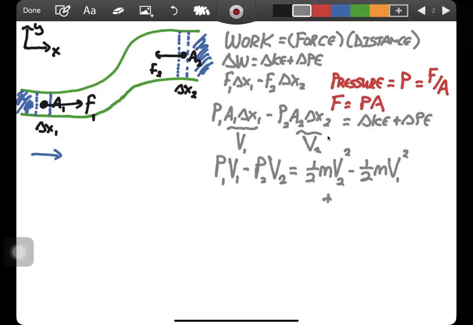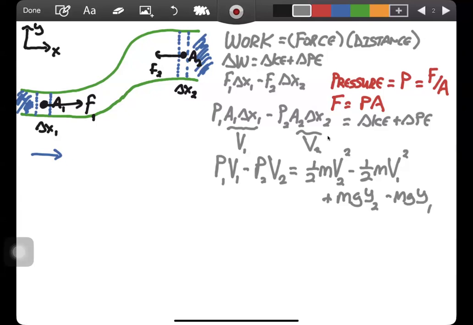Plus, when we're talking about the difference in potential energy, we're talking about our volume of fluid being at different heights. And so we're talking about gravitational potential energy here, where you would have the mass of the fluid, g, and then whatever our y2 is, so whatever our final height is on the right, minus m g y1.